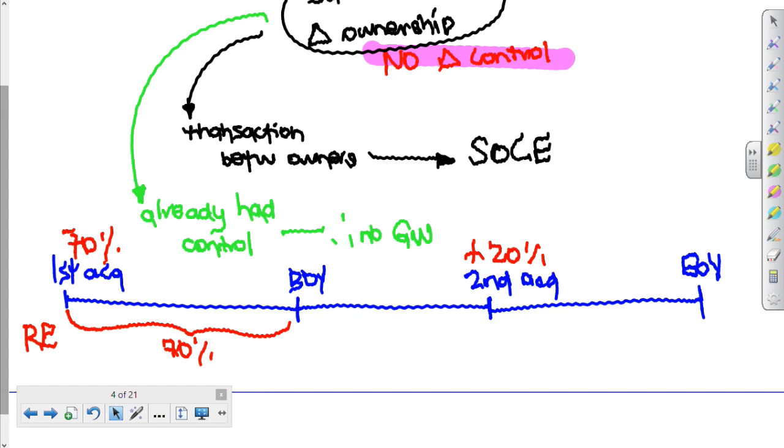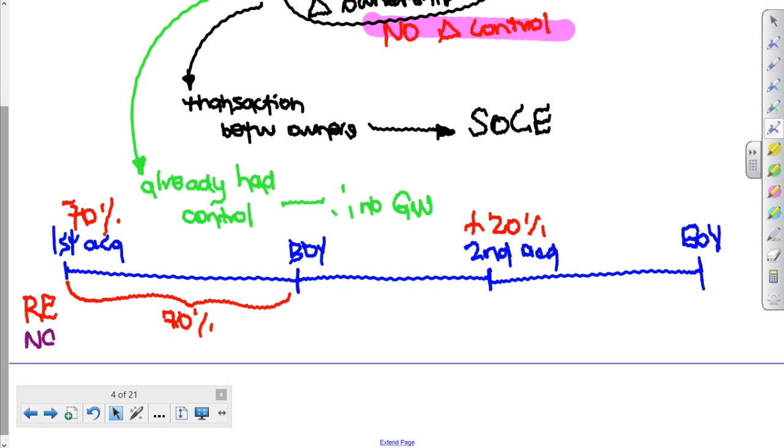And in the current year, let's just look at retained earnings and other reserves. When I look at NCI, at this stage it is going to have 30% of the retained earnings, isn't it? So my retained earnings are 70, NCI is 30.